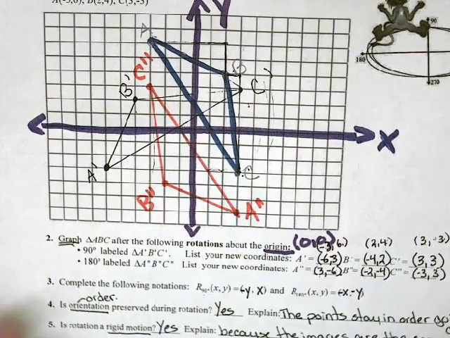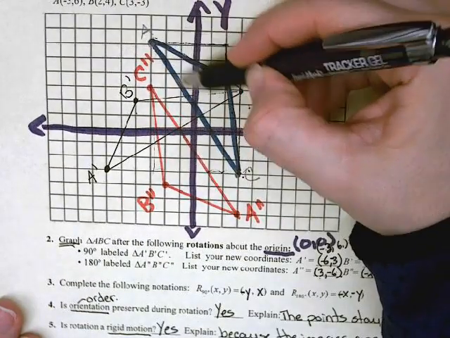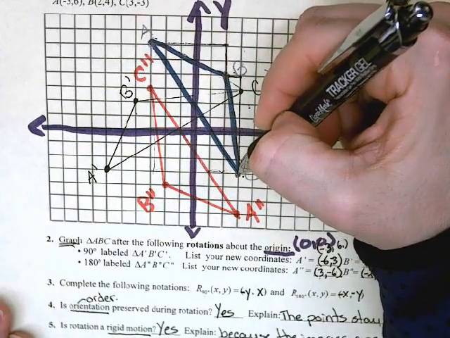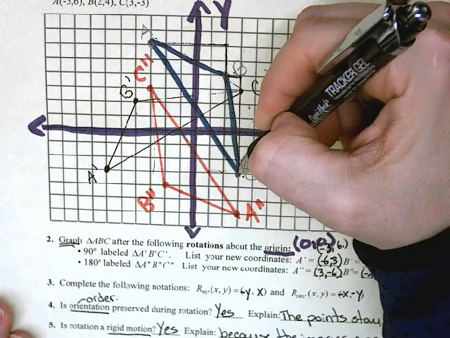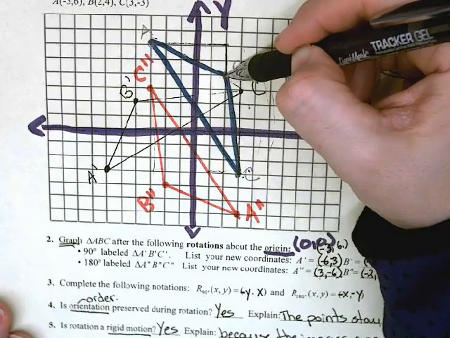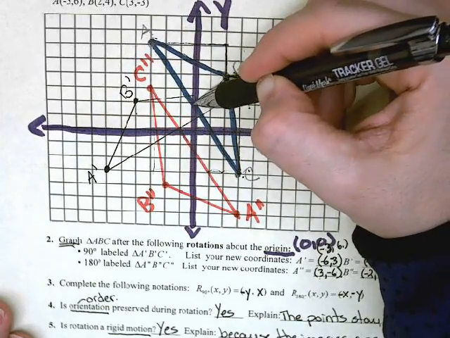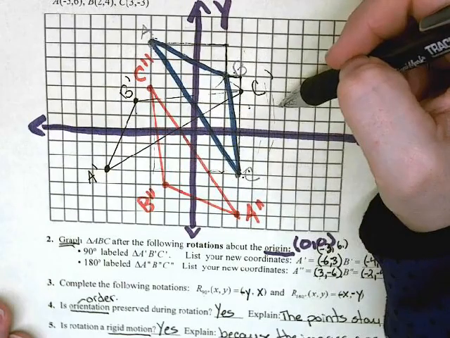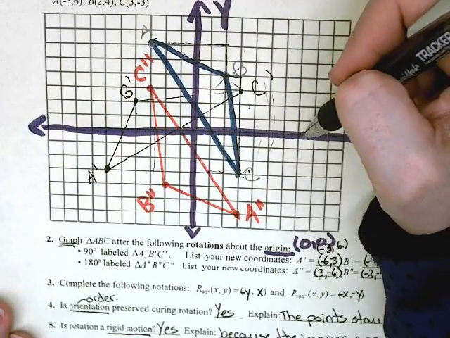Now, I can use the idea of AC as my base. Now, if AC is my base, then I have to be able to draw a straight line from B to the base such that it would create a perpendicular.